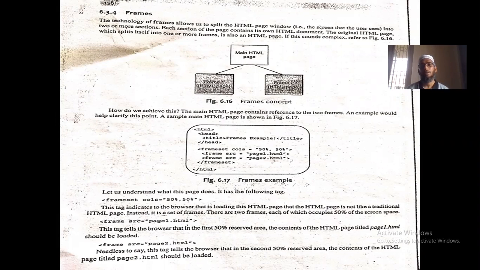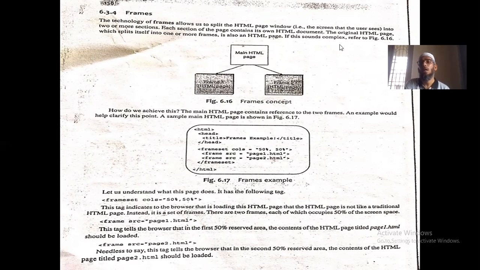Means each window has two or more sections. So the original HTML page splits itself into one or more frames, each of which is also an HTML page. Means the original page is again split into one or more HTML pages.